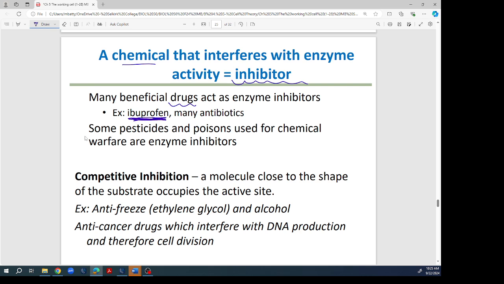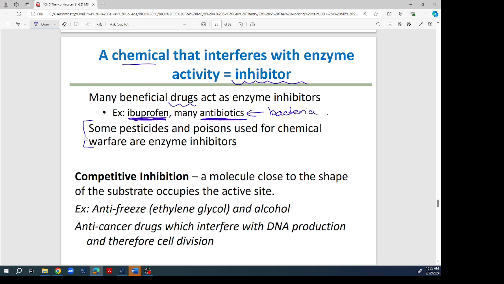Or if a drug acts as an inhibitor on another cell, like a bacteria that is invading you, then it's going to kill the bacteria. That's why you don't take antibiotics for a virus. You're trying to kill a cell that has actually come into you. On the other side, there are some pesticides and poisons that also act as enzyme inhibitors.